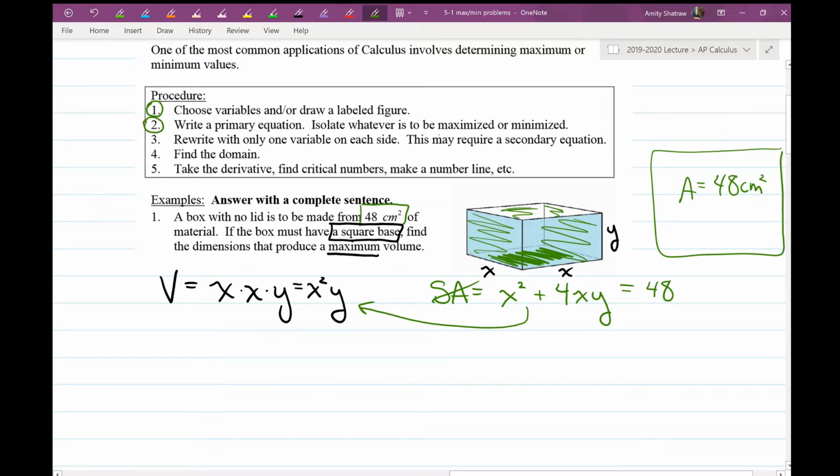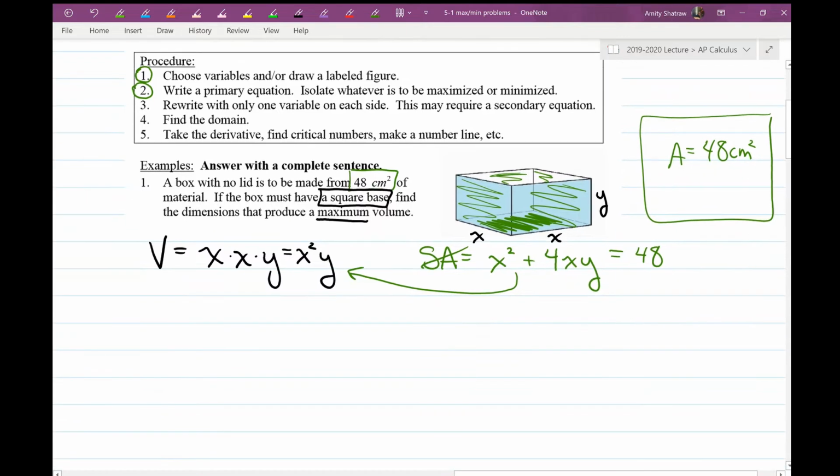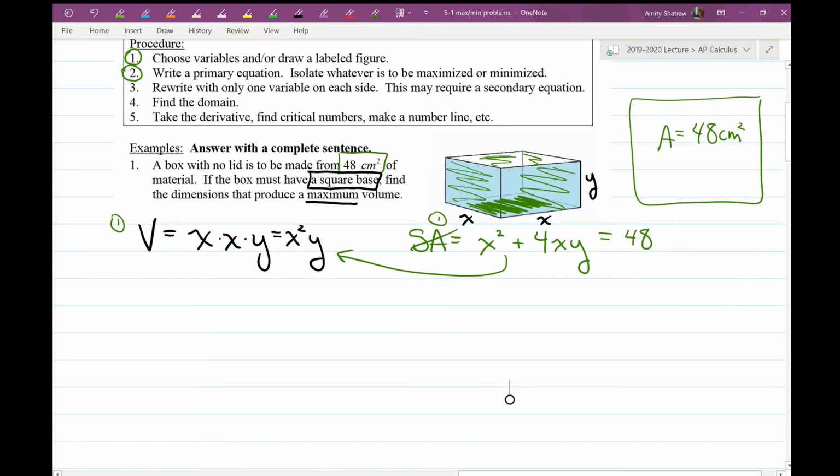Now, I have y in only one place, so let's solve for y: 4xy equals 48 minus x squared.